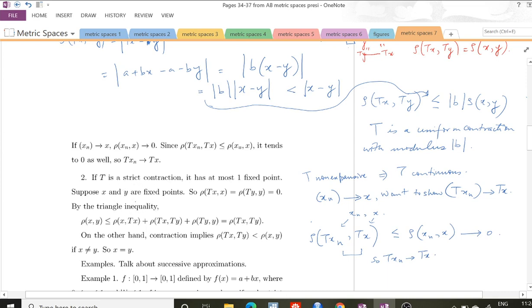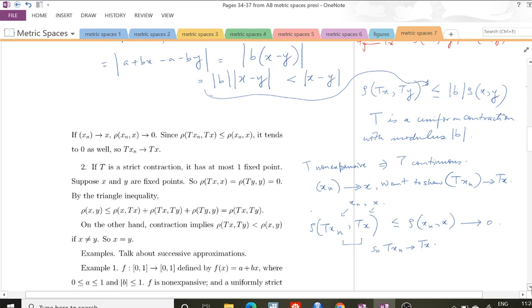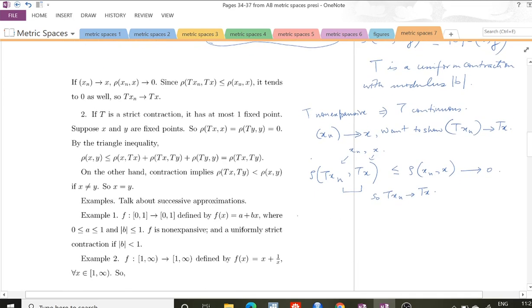And a second thing to note is that if t is a strict contraction, then it has at most one fixed point. So what is being said is, t is a strict contraction. What does that mean?